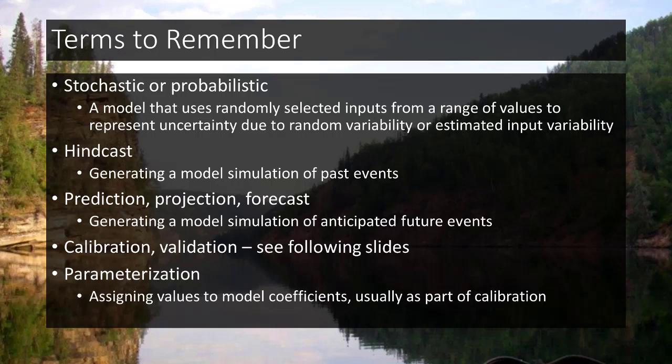So stochastic or probabilistic. It's essentially a method of drawing from some probability distribution, some numerical probability distribution of some input, so some variable that changes with time, or some variable that can have different values at different spaces. We don't really know.